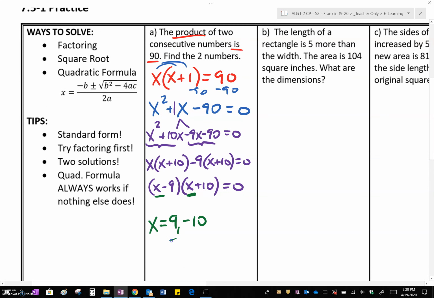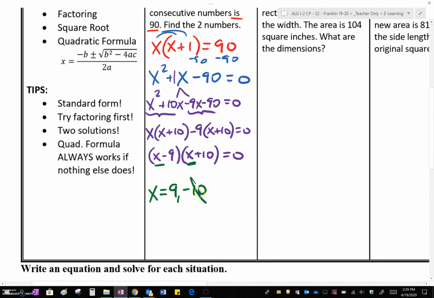These numbers are not consecutive, right? One's 9 and one's negative 10. So let's just pick the positive number, because remember our numbers are x and x plus 1.